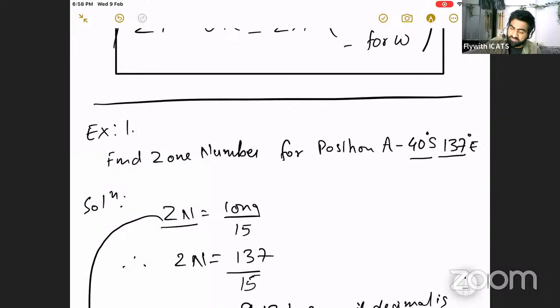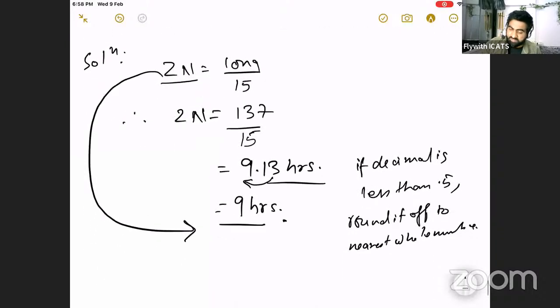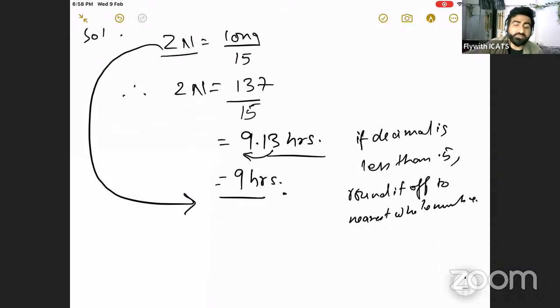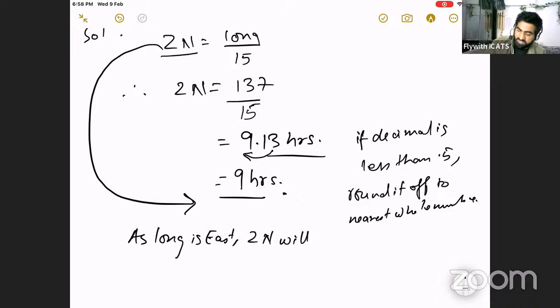The meridian is in the east. So in the east, what is the zone number given to all the places? Is it minus or is it plus? Students? Minus. Zone number is minus. So as longitude is east, zone number will have a negative sign. Now if you're wondering, sir, how did we get this?